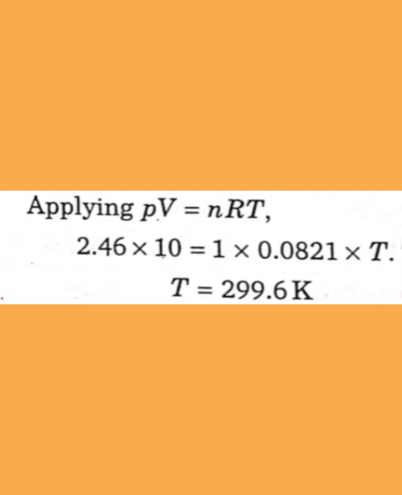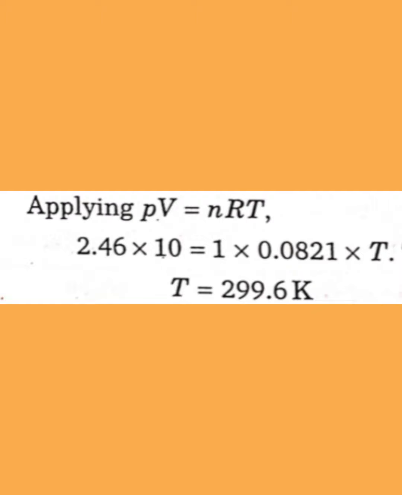We can find the answer by using the formula PV is equal to nRT. Here P is equal to 2.46, V is equal to 10, n is equal to 1. Here the volume is in liter and pressure is in atm. Then the value of R is 0.0821.